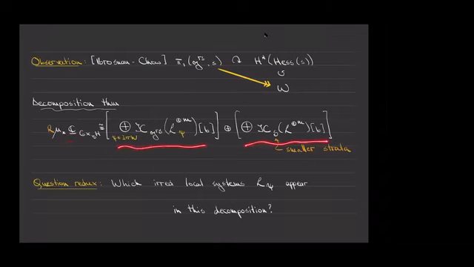I get one portion that has full support, and another portion that is supported on smaller strata. And I'm only going to be interested in the first one, because the fact that the monodromy action factors through the Weyl group tells me that the irreducible local systems that appear with full support are actually indexed by irreps of the Weyl group. And now the question is to determine these irreps.